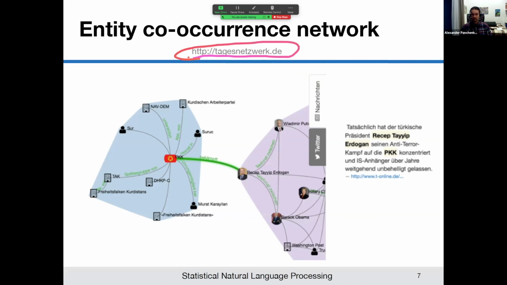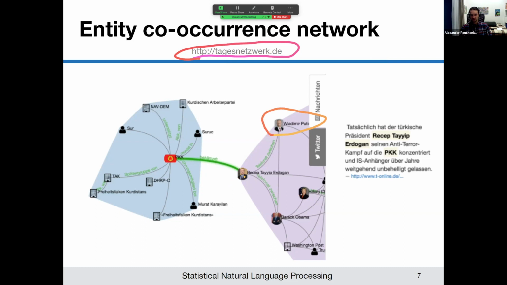What this tool does is basically take a bunch of news and extract entities in this news, and build a network which represents a picture of the news for today on the basis of co-occurrences of named entities.